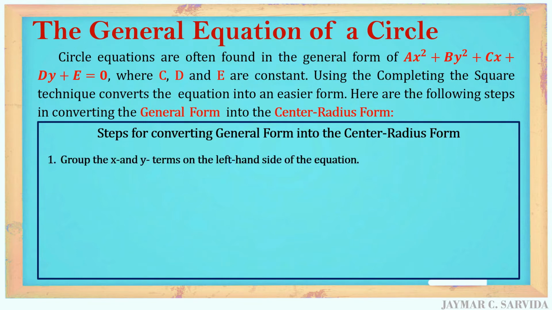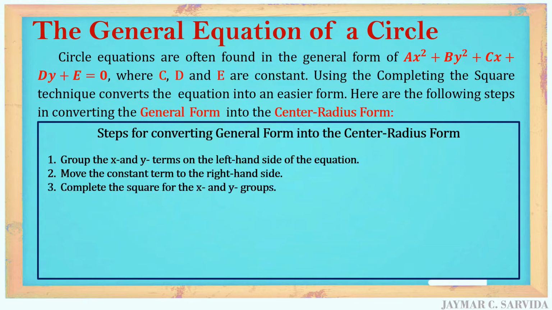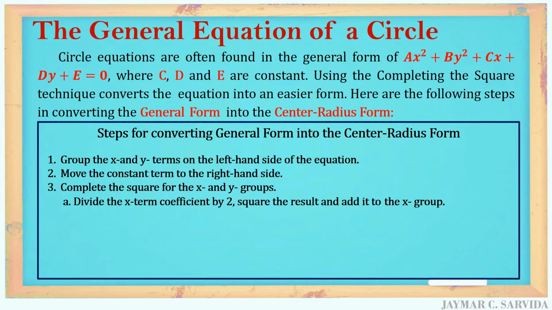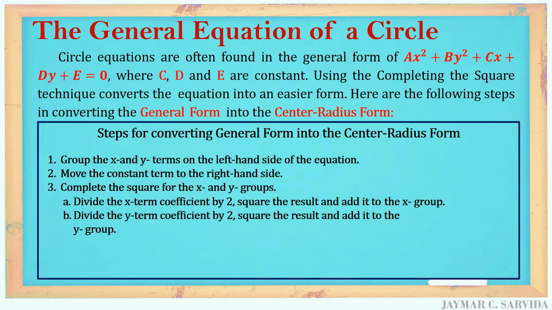Number 1, group the x and y terms on the left-hand side of the equation. Number 2, move the constant term on the right-hand side. Number 3, complete the square for the x and y groups, and divide the x term coefficient by 2, square the result, and add it to the x group.